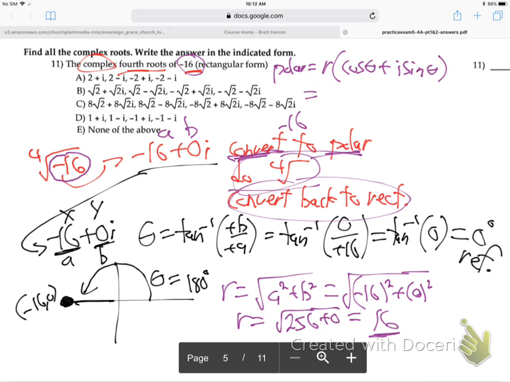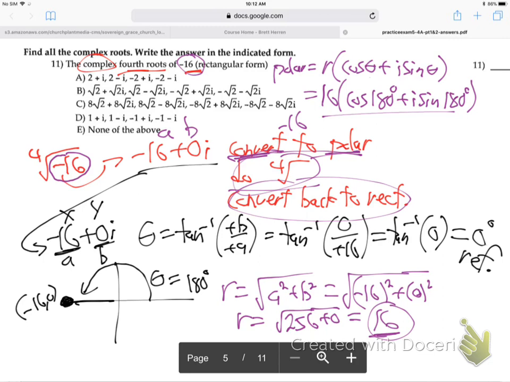So now I know r, 16, times cos 180 plus i sine 180. Good? If you multiply that out, it would go right back to be just negative 16. It's the polar form of the number negative 16 in rectangular.